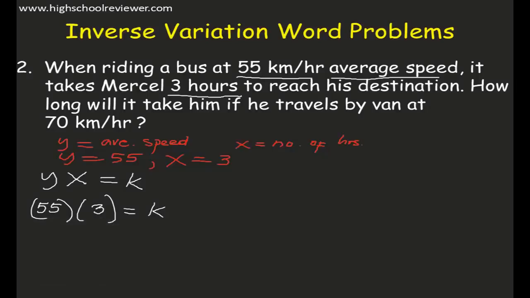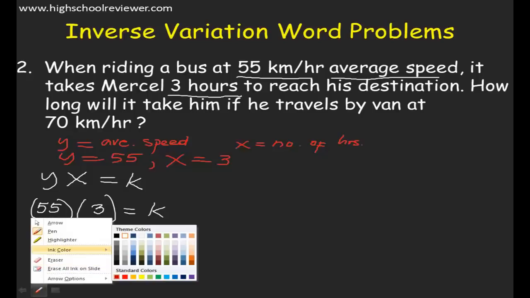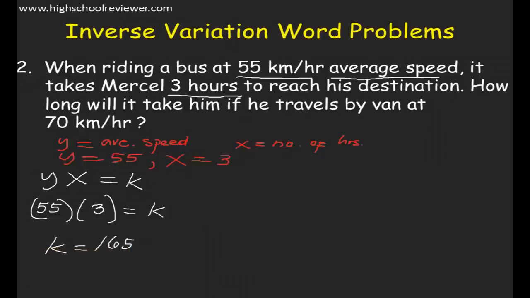The constant of proportionality now will be 55 multiplied by 3, that will give us 165. And then we will find the second values of Y and X. So continuing reading the problem, we have how long will it take. So how long means that the value for X here is the unknown.